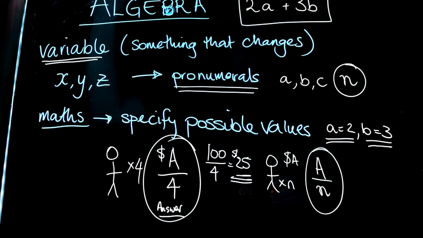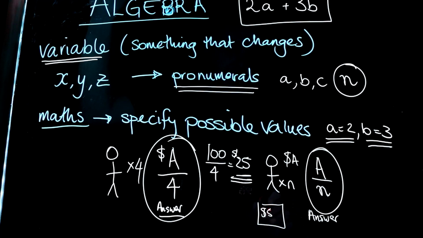So here's our answer, and that's something you need to get used to. And say, for example, if one of these people had a voucher to get $50 off the meal, and they gave that, we could make an adjustment here and say A subtract 50 divided by N. That's all we know so far.